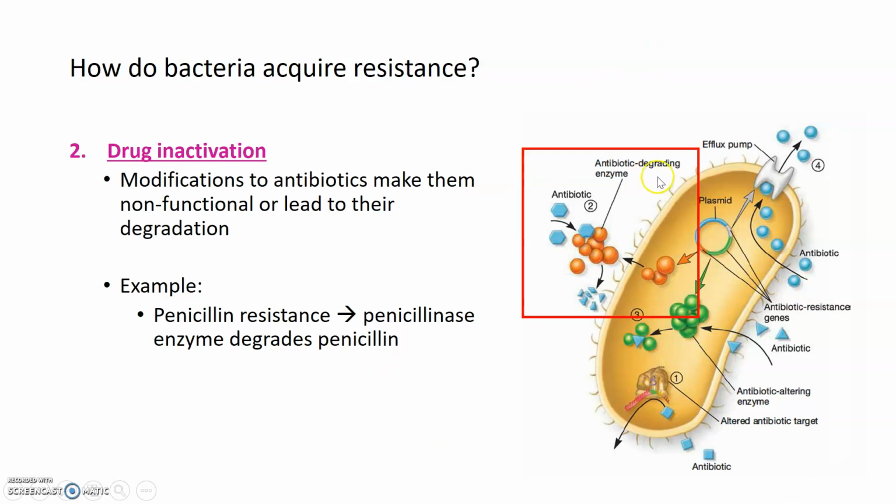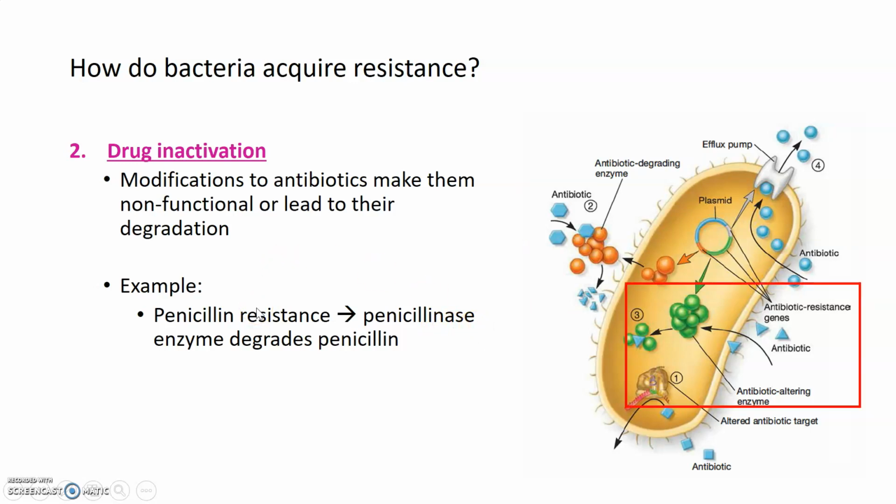So over here in number 2, you can see that this plasmid for antibiotic resistance is making an enzyme that can actually degrade or chew apart an antibiotic and confer resistance in that way. This example here for penicillin resistance is an example of that. There's an enzyme, a beta-lactamase or penicillinase, that basically chews up and degrades penicillin and therefore makes any bacteria that express this enzyme, this penicillinase, resistant to penicillin.